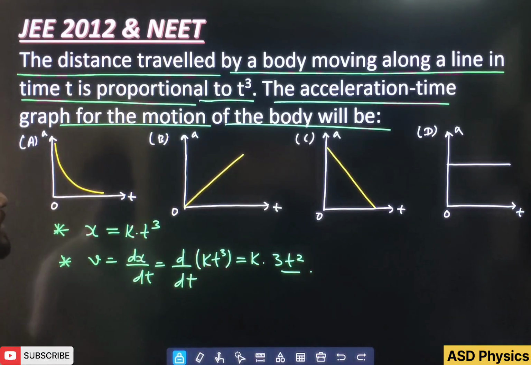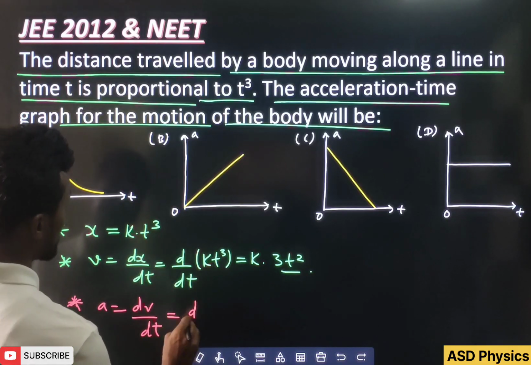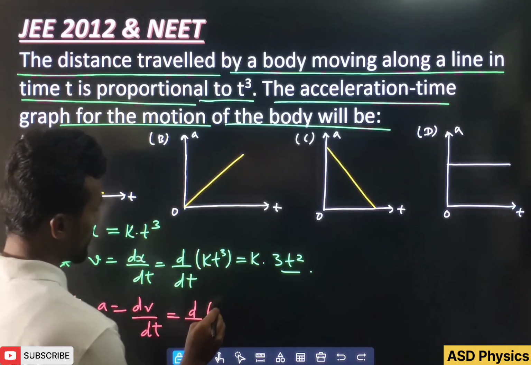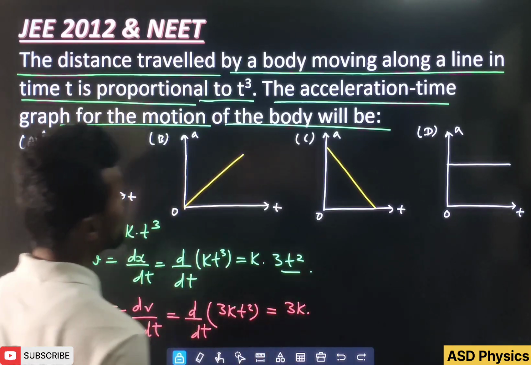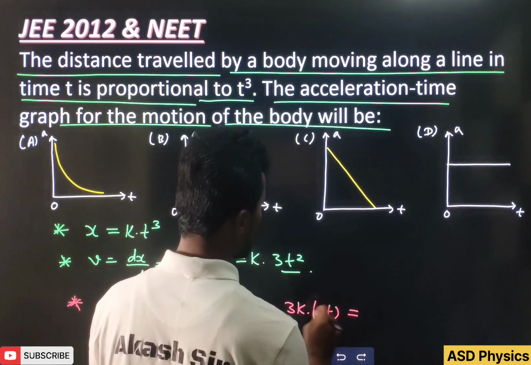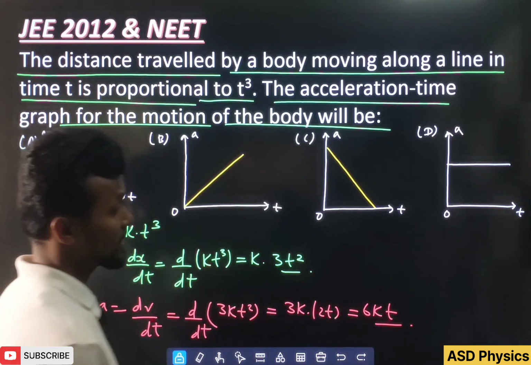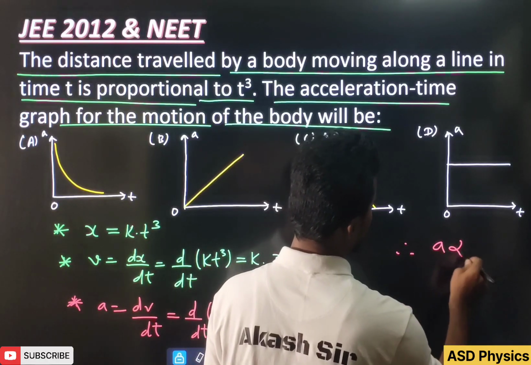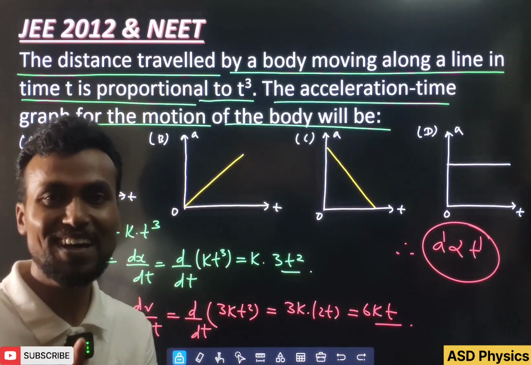Next, acceleration is dv by dt, so d by dt of 3k t square. 3k is constant, and the differentiation of t square is 2t. So it will come 6kt. So acceleration is directly proportional to t: a to the power 1, t to the power 1. Which graph?